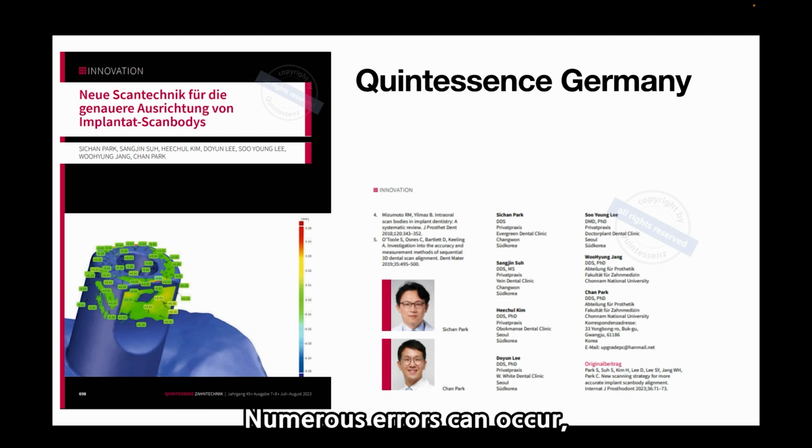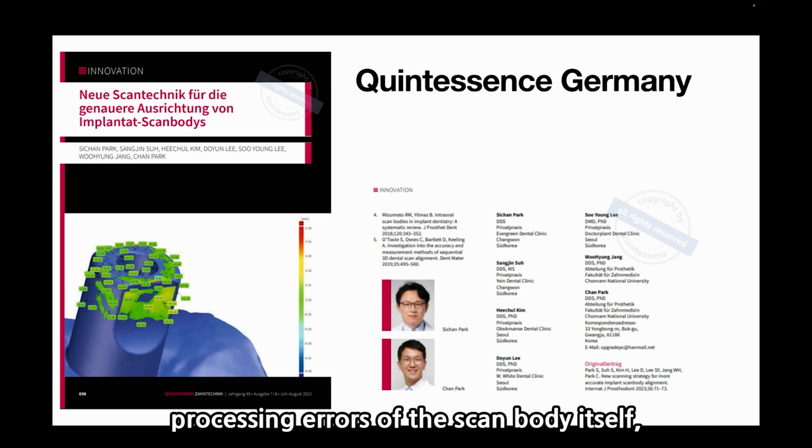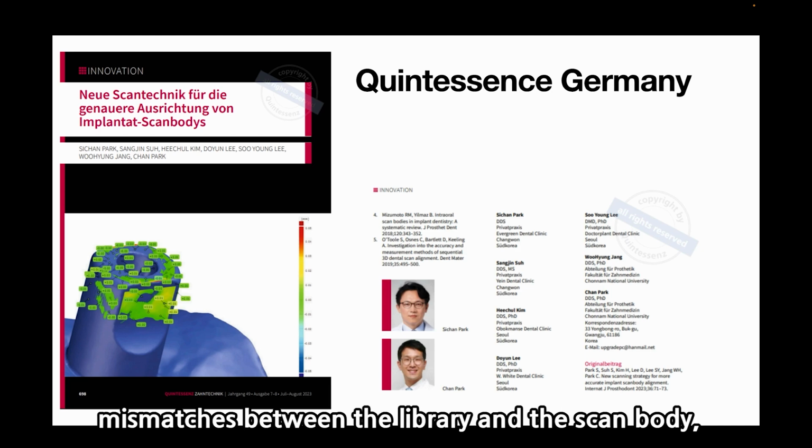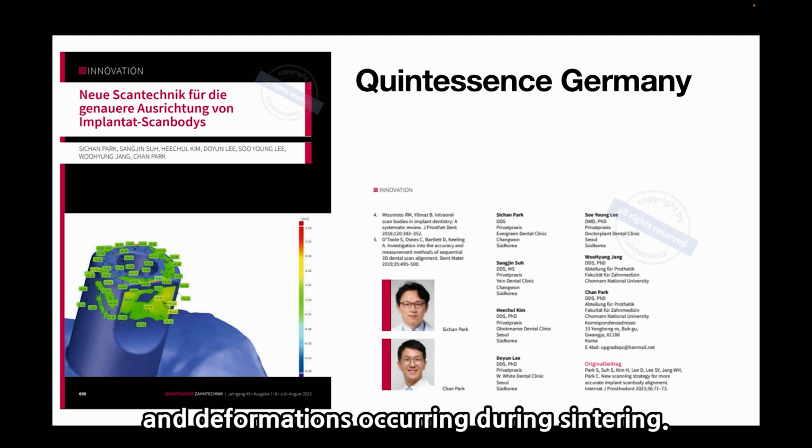Numerous errors can occur, such as scan body distortion, improper attachment of the scan body, processing errors of the scan body itself, mismatch between library and the scan body, and milling errors and deformation occurring during sintering.